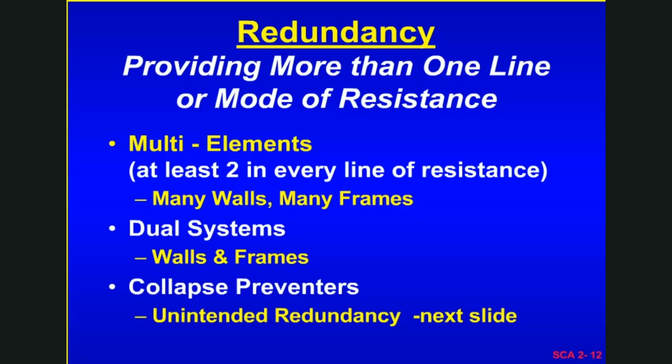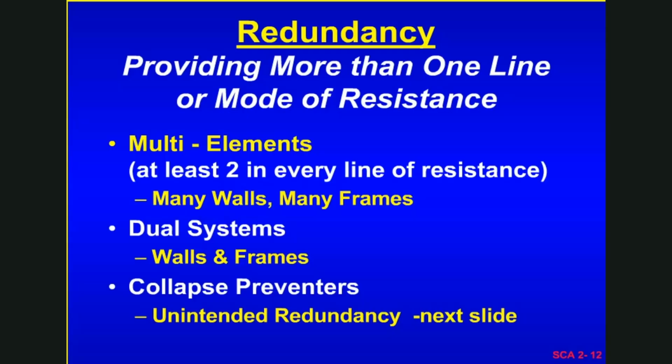Another concept that we need to look at is called redundancy. Basically, redundancy is having one or more load paths in a structure. We sometimes refer to this as the belt and suspenders system, such that if we have failure in a member, there is an alternate load path for the force to travel down to the foundation.